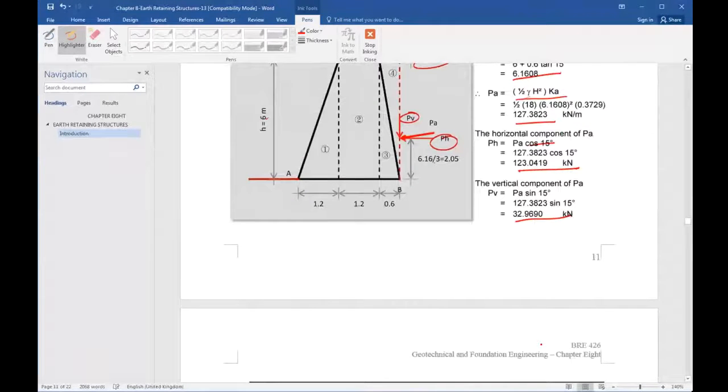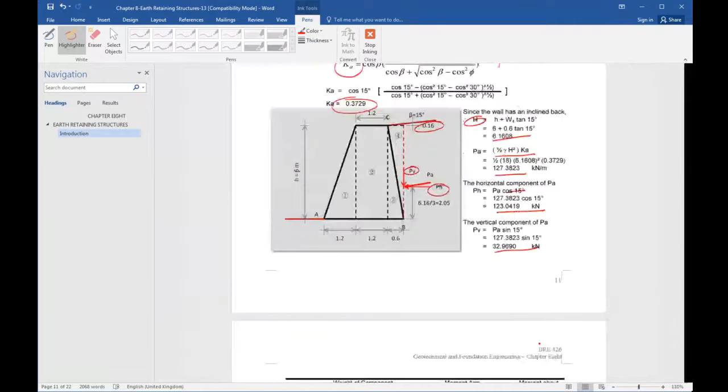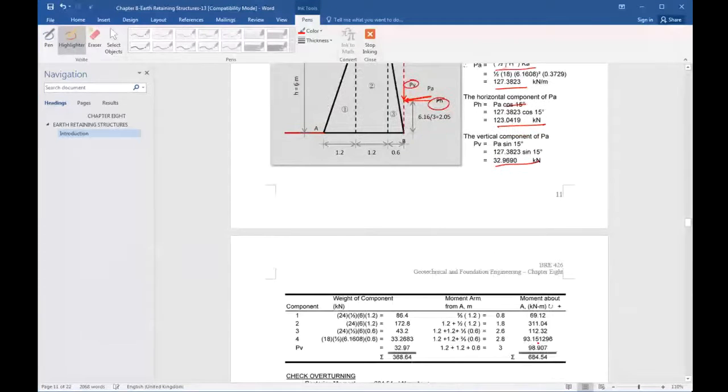And then you have component 1. So what's the area of the triangle? Here's the area of the triangle, right? The triangle area is 6 meters times 1.2 meters divided by 2. You have to multiply it by 24 because it's the unit weight of concrete.